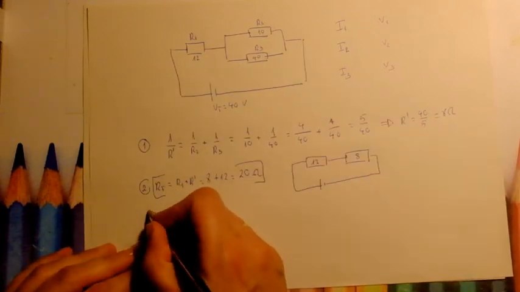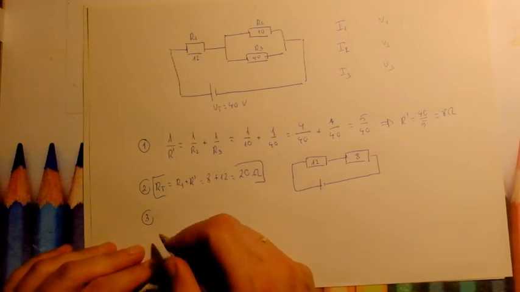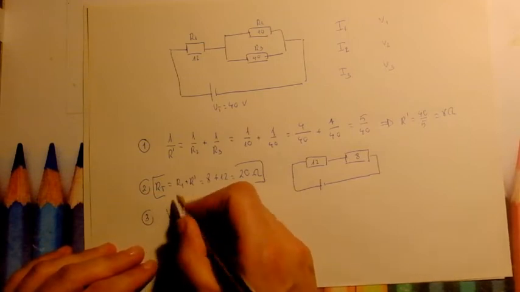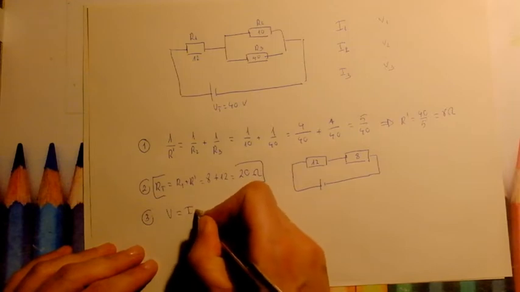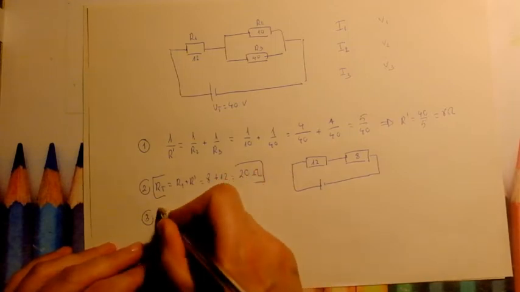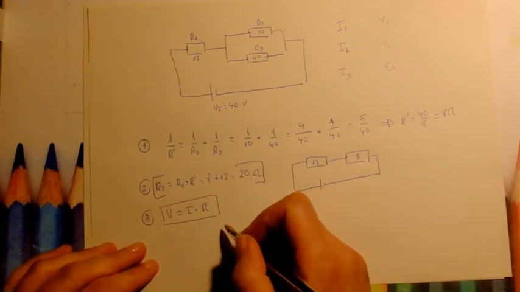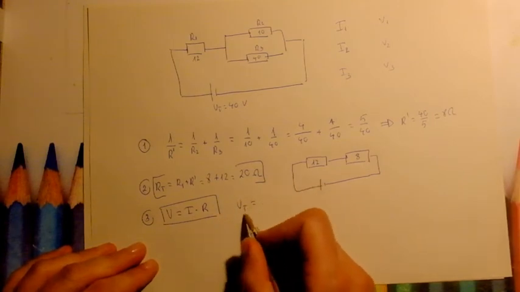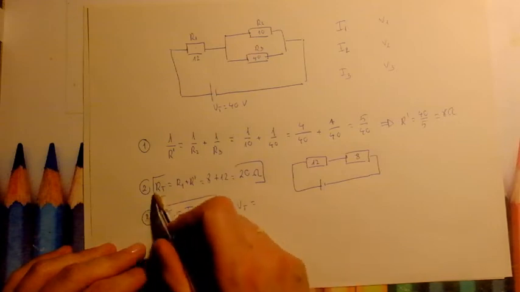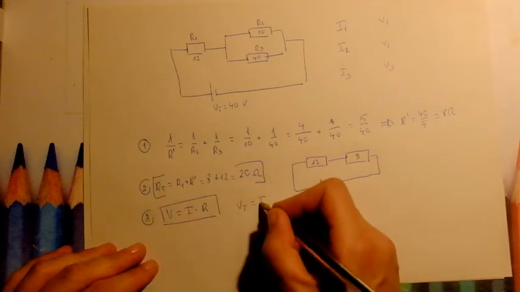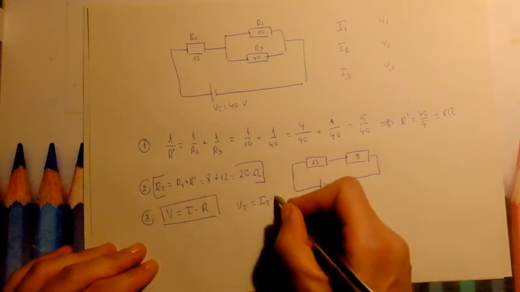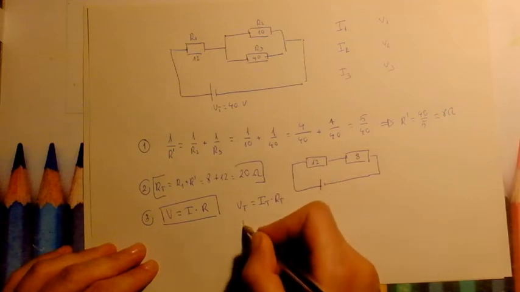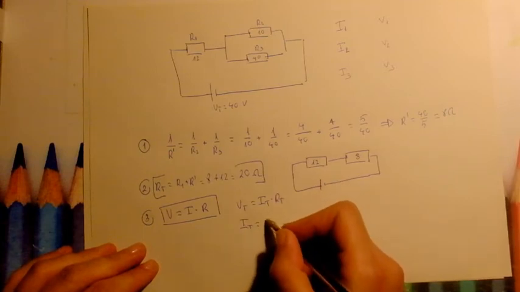Well, knowing that, we can use Ohm's law. You all know Ohm's law is this really famous formula. And in this case, we can apply the formula to the total voltage of the battery and the total resistance of the circuit, and we can calculate the total current.